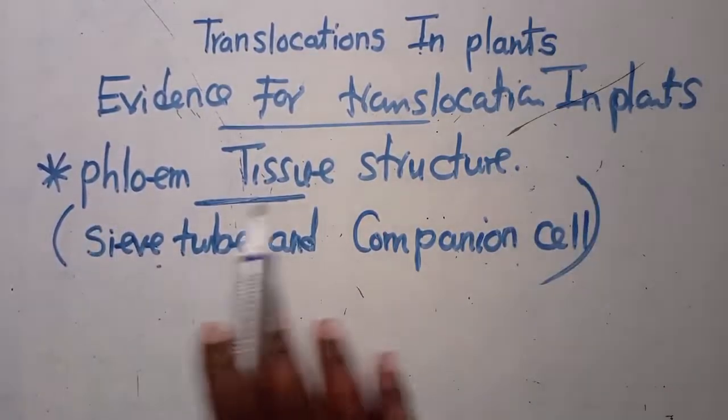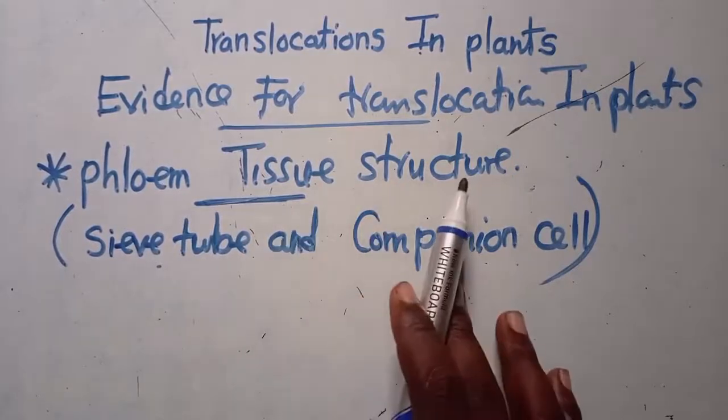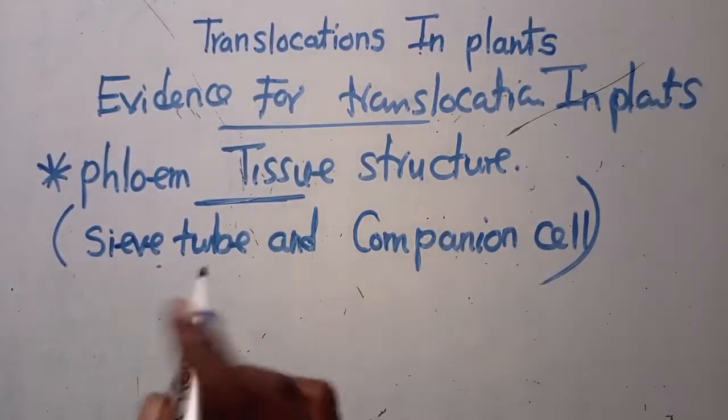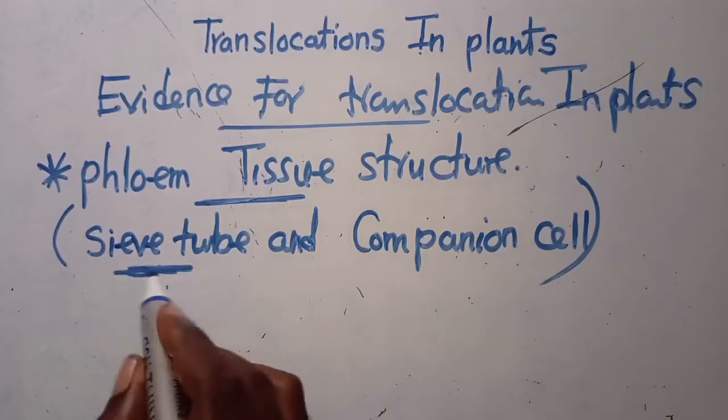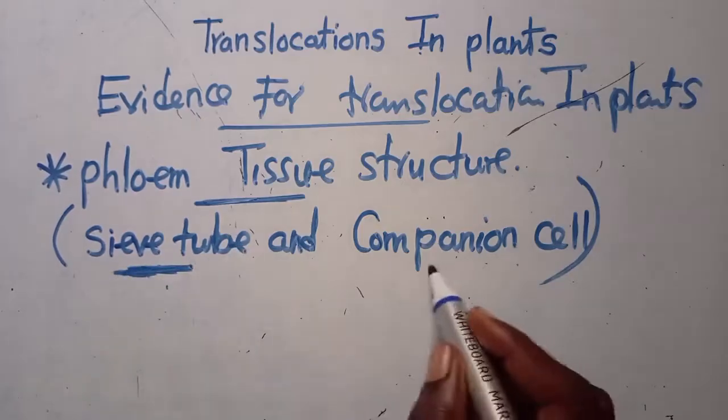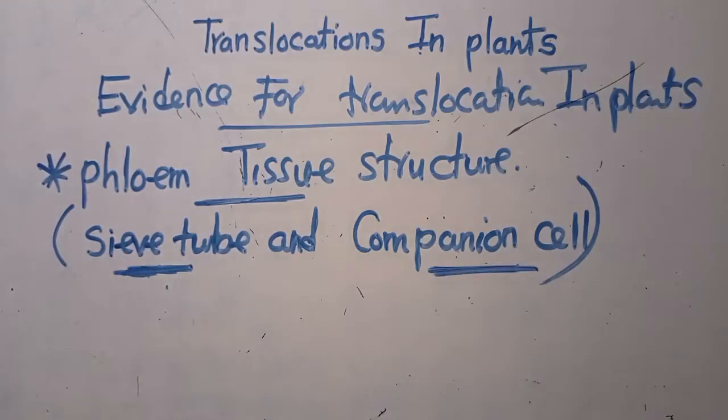So these phloem tissue structures include these two: the sieve tubes and the companion cells.